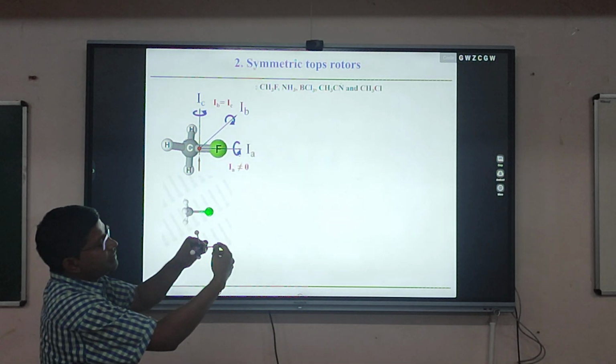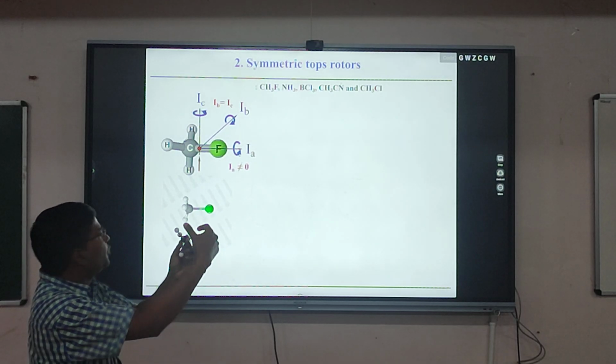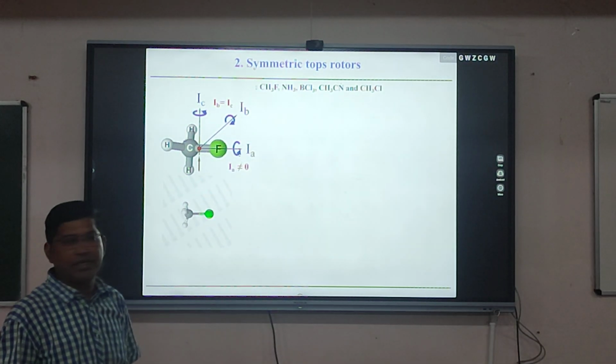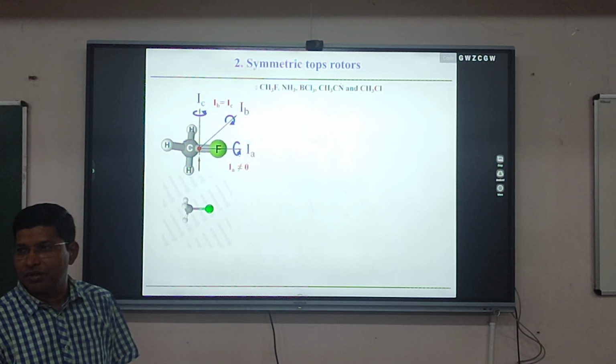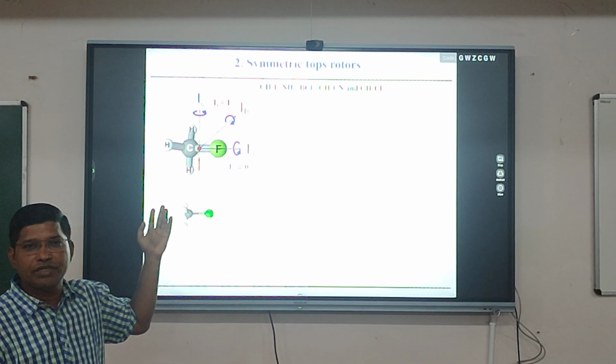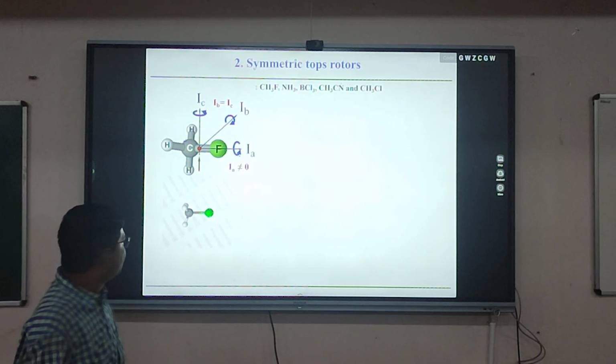That means we need some moment of inertia to rotate that molecule. So here I is not equal to 0, unlike what we saw previously for a linear rotor, a diatomic molecule, where I equals 0.